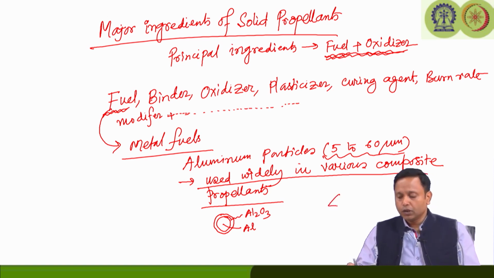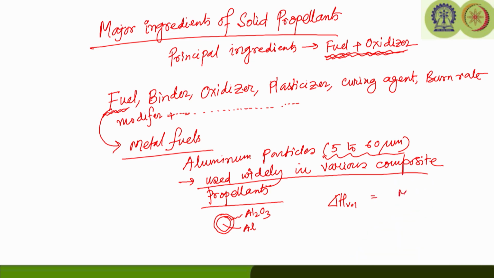Volumetric heating value means the heating value per unit volume of the propellant, or you can say megajoule per meter cube. So, if you compare the volumetric heating values of hydrocarbon fuels and the metallic fuels, on many occasions the heating value of the metallic fuels is much higher compared to the hydrocarbon fuels.